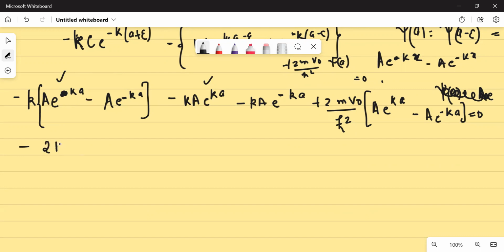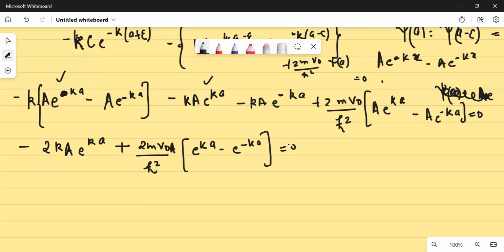So this will become minus 2ka e to the power ka plus 2m V naught upon h bar squared, and there is an a here, e to the power ka is here, and e to the power minus ka is here. Okay, so overall, a gets cancelled. If you divide entirely by e to the power ka, after certain simplification, I hope you will get this.